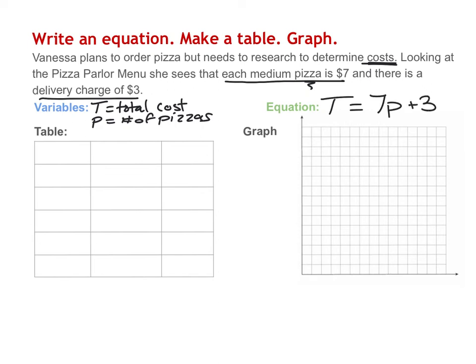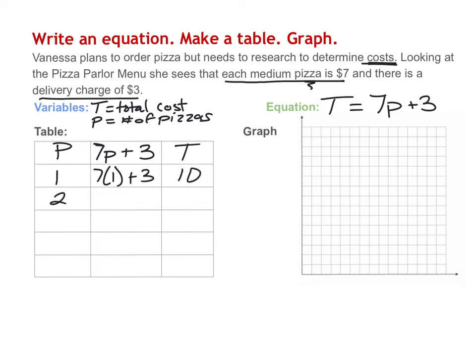So let's make a table where P is our input, total cost is our output, and our rule is that we are multiplying each pizza by $7, and then we have a one-time $3 delivery charge. So if I buy one pizza, that's 7 times 1 plus 3, it's going to cost $10.